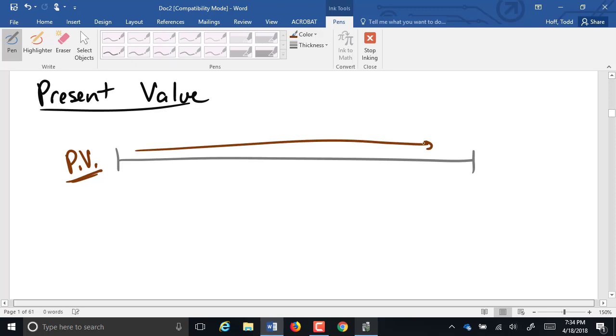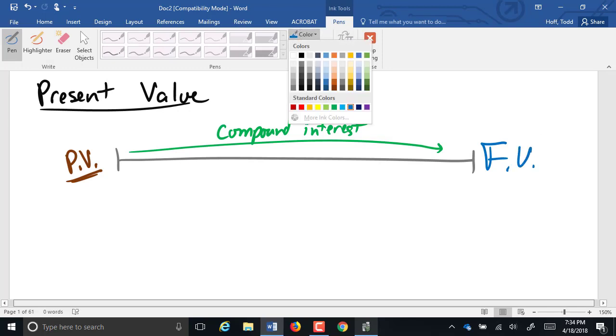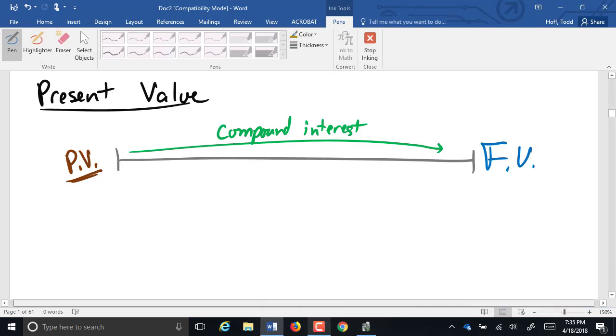We calculated the compound interest to find the future value. For this next topic, we're starting with that future value and we are looking at the compound interest to go back to figure out how much we would have to start with.